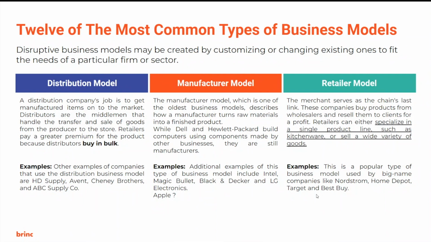All that Apple does is put the products together and create the phone. So they don't actually manufacture the phone, but rather they outsource it. But that's the manufacturer model.